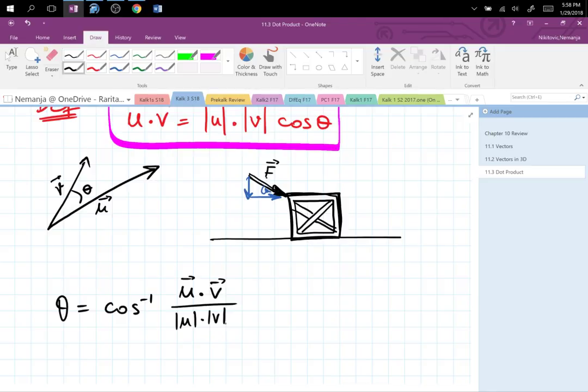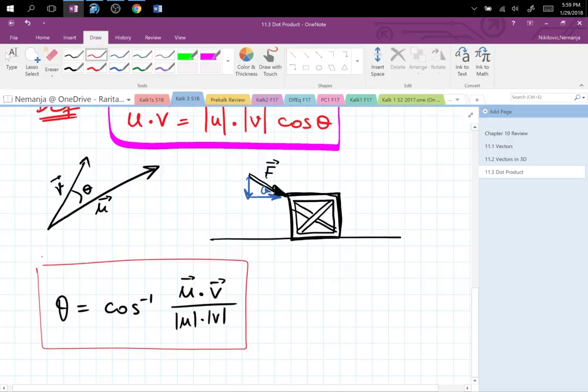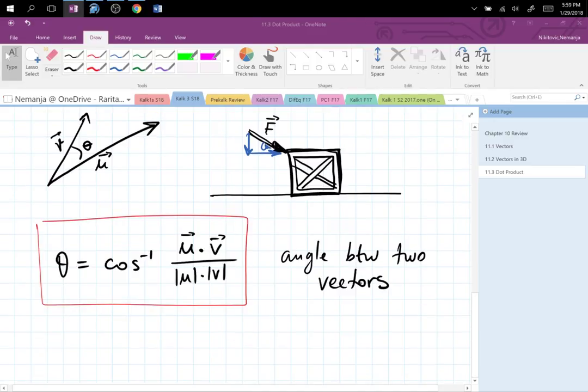Now that number better be in a range of -1 to 1, or you broke mathematics. So this formula, again just a flip of the formula up there, will give you the angle between two vectors. And again, it is extremely important in our applications.